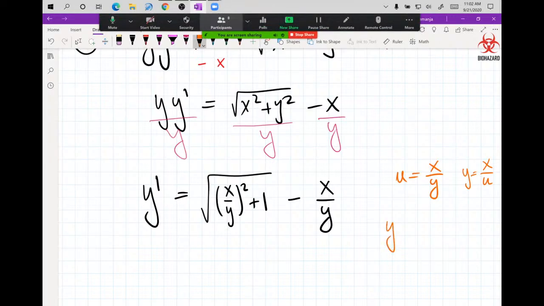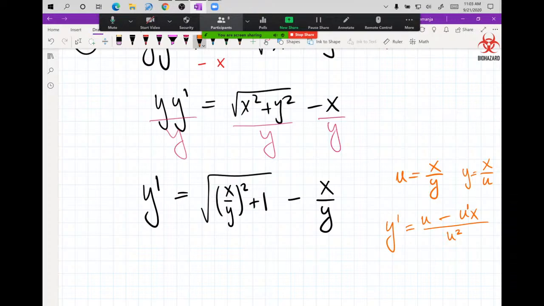Now y prime is going to be the quotient rule, right? The quotient rule would have a u squared in the denominator, and it will have a u prime x. Well, that's one, so just u minus u prime x.